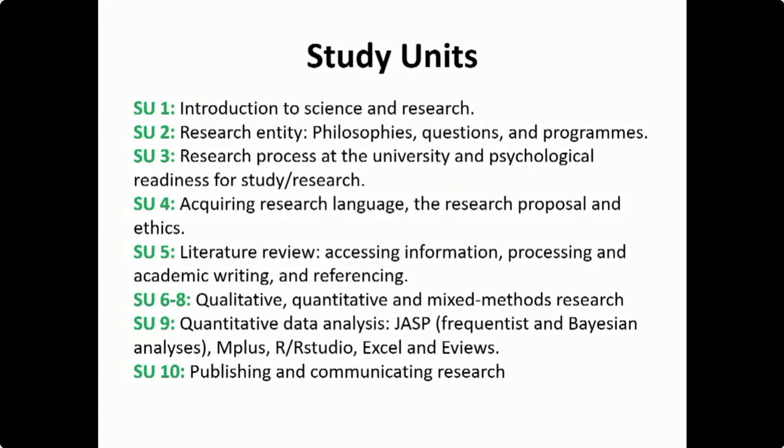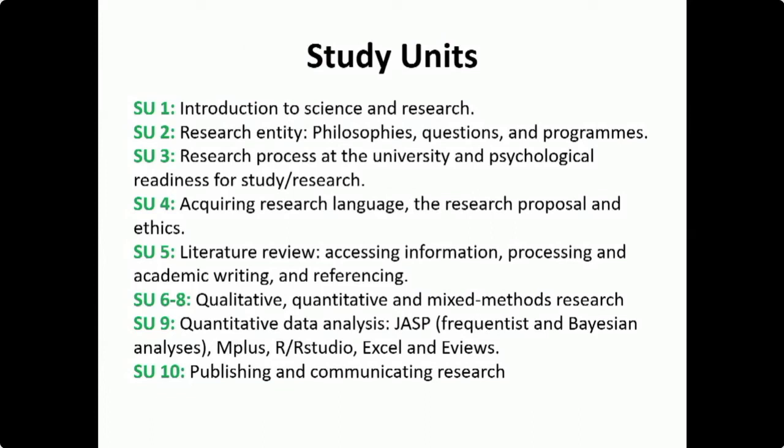aspects and clearance. And Study Unit 5 is all about literature reviews, from types of literature reviews to how to use the library. We have a part on academic writing, and we use experts in these fields to provide inputs in teaching our students.